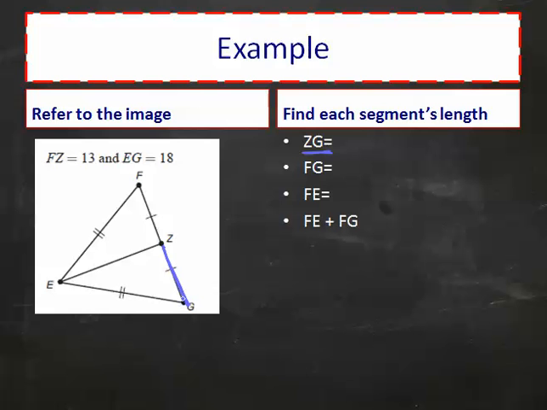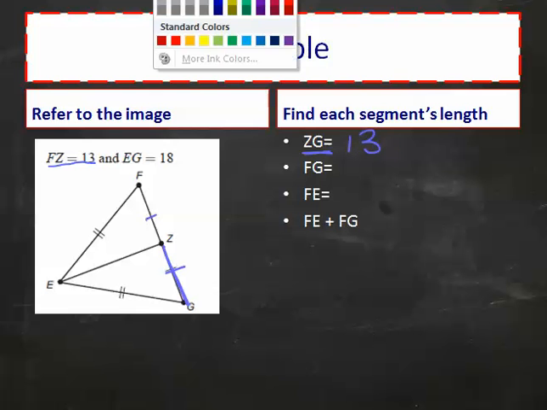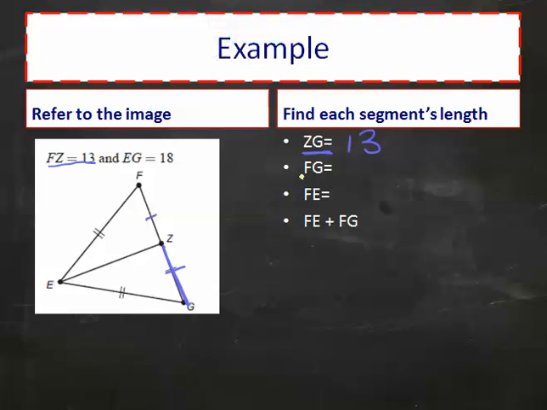So there's ZG. We know that ZG has one tick mark, so we find another segment that has one tick mark, which is FZ. We go to the information that was given to us, so we know that since those two things are equal, ZG is also 13. I'm going to change pen colors, yellow. Now we're going to find FG.